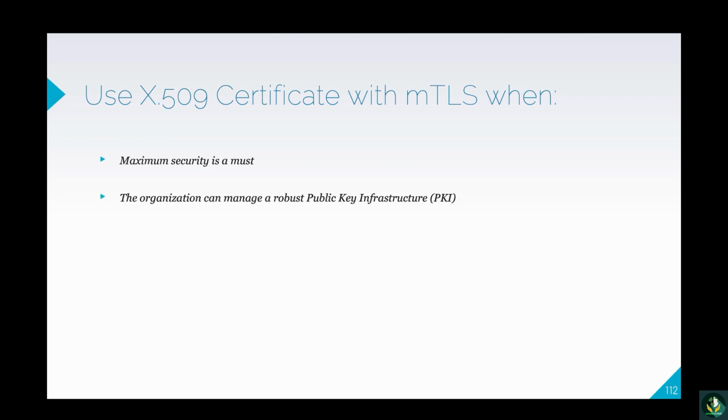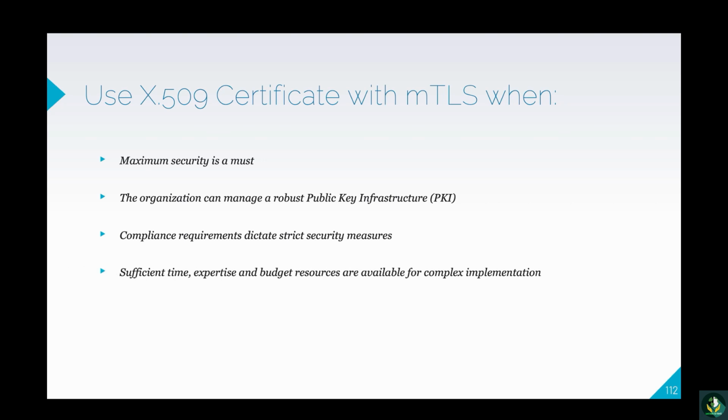When the organization can manage a robust public key infrastructure effectively, since MTLS relies on certificate-based management. If compliance requirements dictate strict security measures such as in regulated industries. When there is sufficient time, expertise, and budget available to implement and maintain this more complex solution.